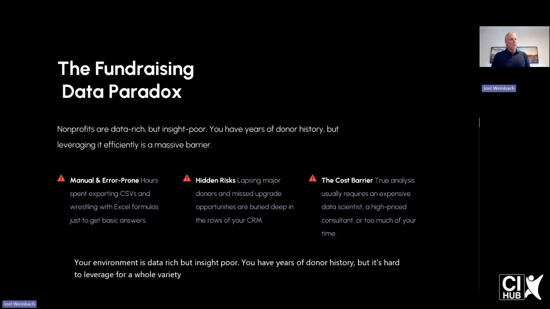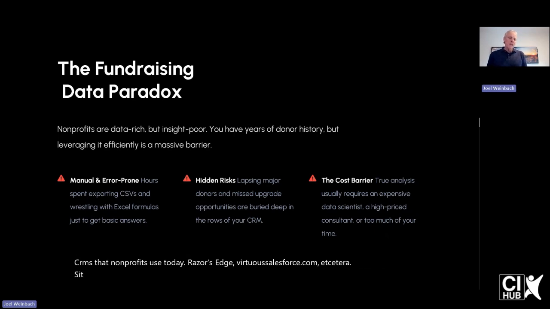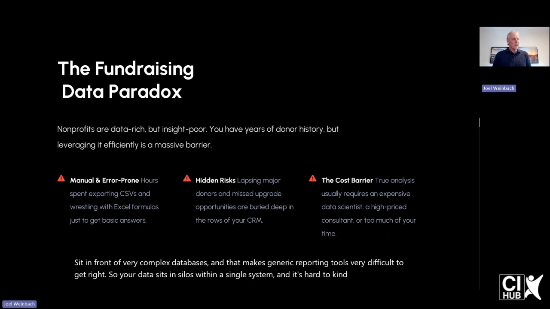The reporting tools that are built into most of the CRMs that nonprofits use today, Razor's Edge, Virtuous, Salesforce.com, etc., sit in front of very complex databases, and that makes generic reporting tools very difficult to get right. So your data sits in silos within a single system, and it's hard to merge it all together the way you need to.